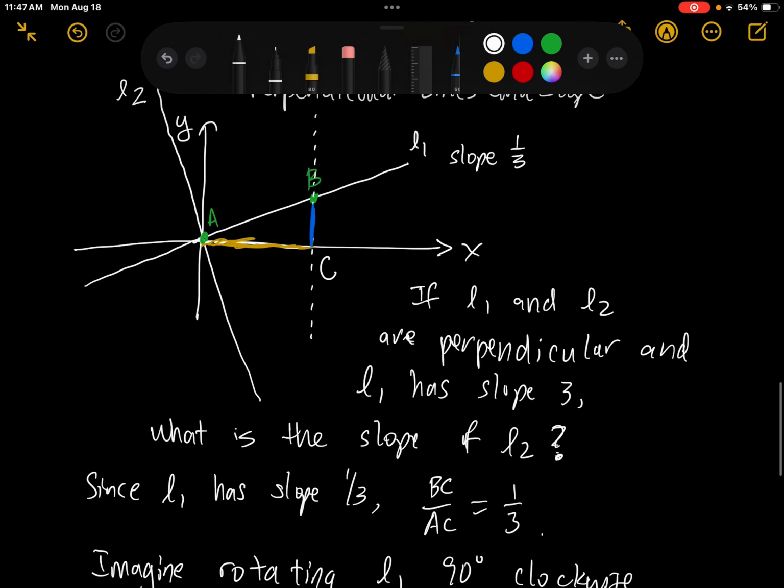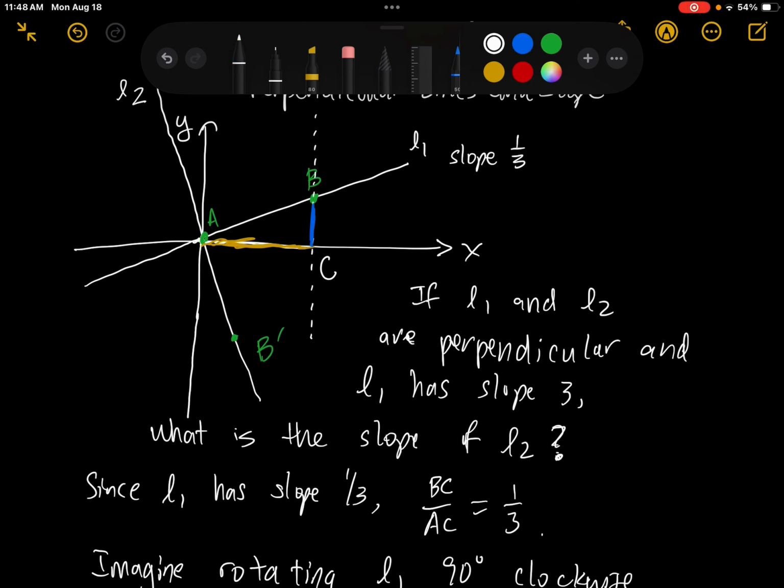Now A is the origin, A is just going to stay there, but B is going to go to some other point, B prime. See, this whole triangle ABC is going to be rotated by 90 degrees.